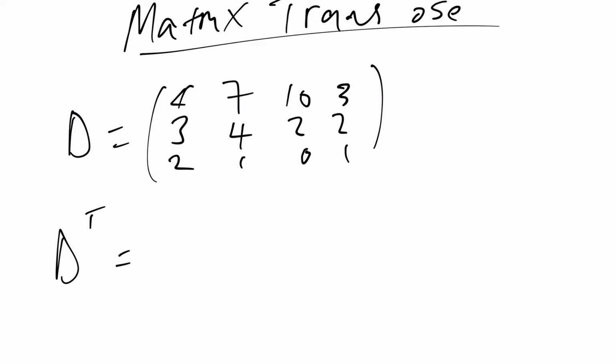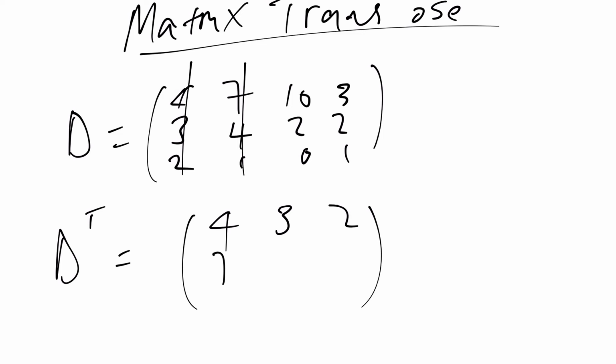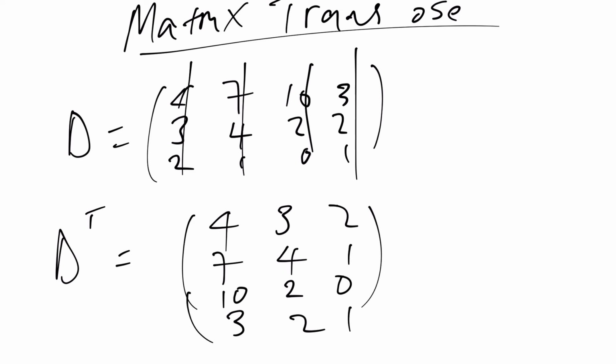If I interchange columns into rows, this is the first column, meaning it will become the first row. The second column becomes the second row. The third column becomes the third row. The fourth column becomes the fourth row. So now we've transposed matrix D.